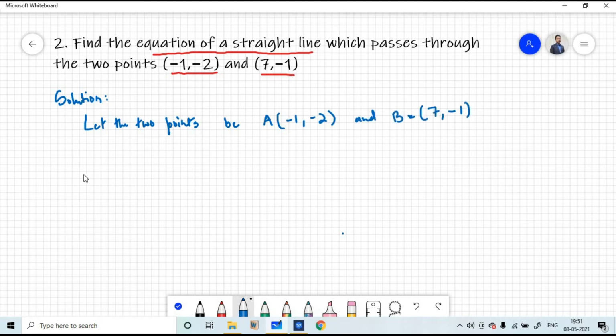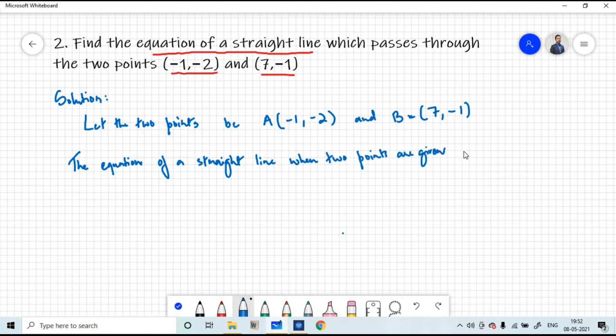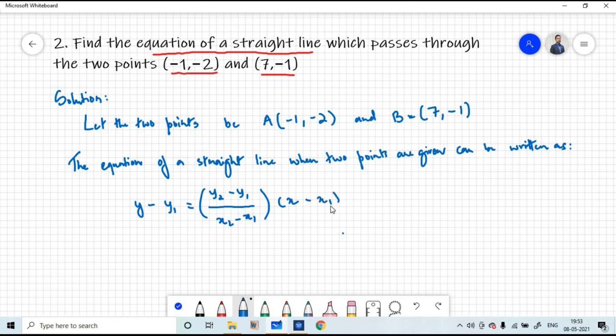Now in order to find the equation of a straight line which passes through two given points, we need to use a particular formula. We know that the equation of a straight line when 2 points are given can be written as y minus y1 equals y2 minus y1 by x2 minus x1 times x minus x1.